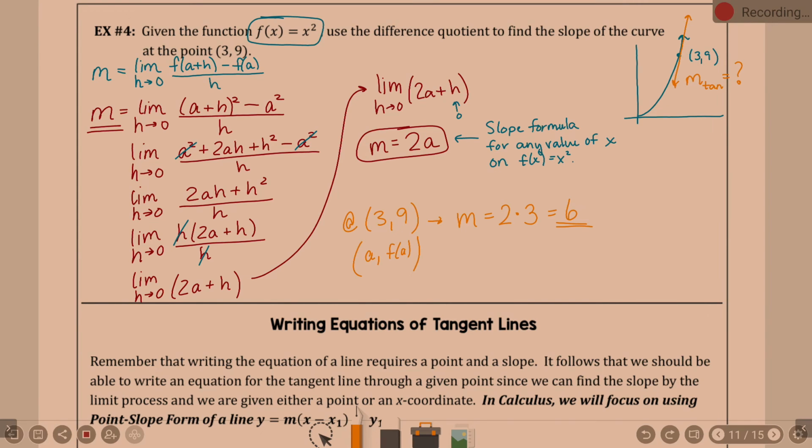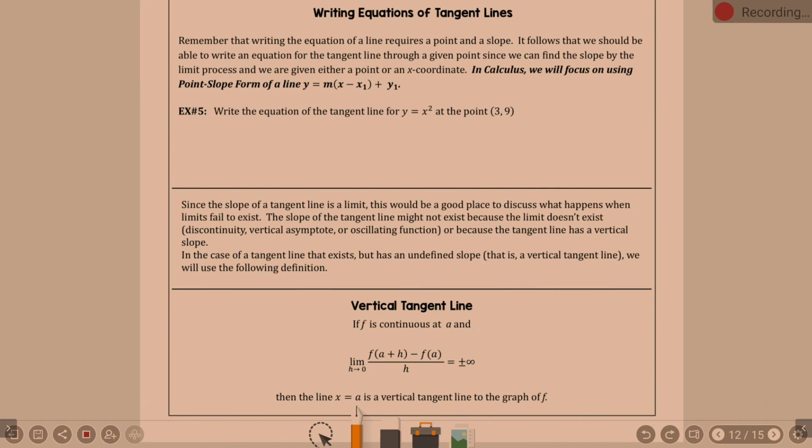Remember that writing the equation of a line requires a point and a slope. We're going back to very first algebra here, right? It follows that we should be able to write an equation for the tangent line through a given point since we can find the slope by using the limit process and we're given either a point or an x-coordinate. In calculus, notice here she says we'll focus on using point slope form of a line.